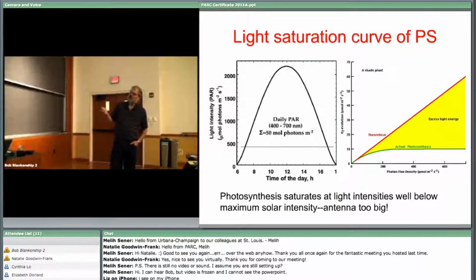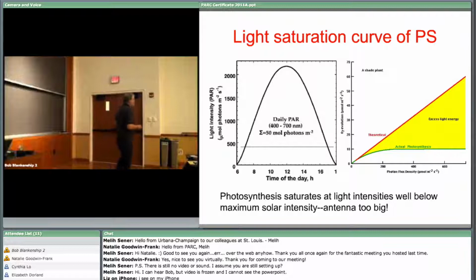Then fairly quickly it'll bend over, and this represents a maximum rate. And so all of this light in this region, from basically 8 a.m. till about 5 p.m., most of it is actually wasted. That's shown in this yellow region called excess light.